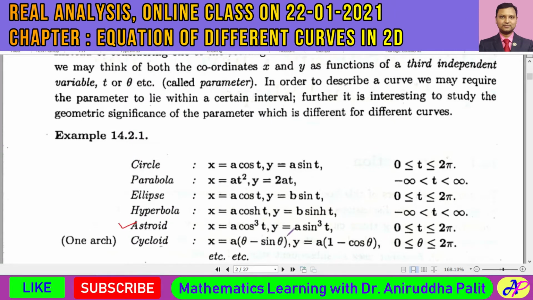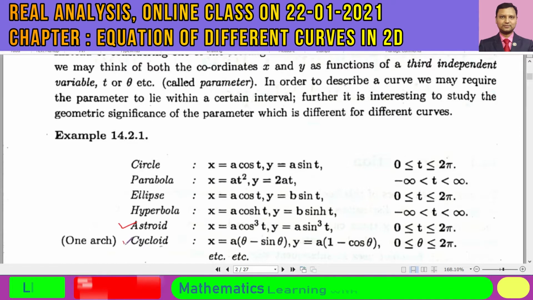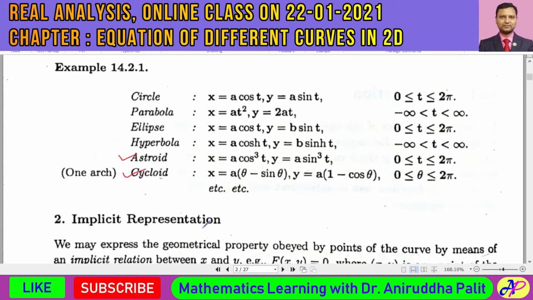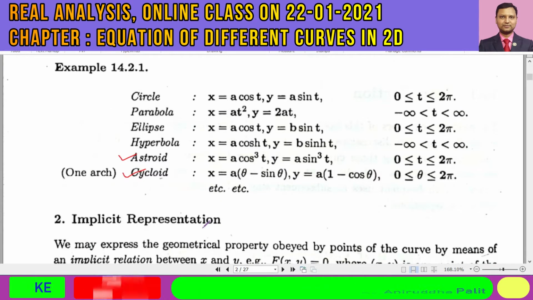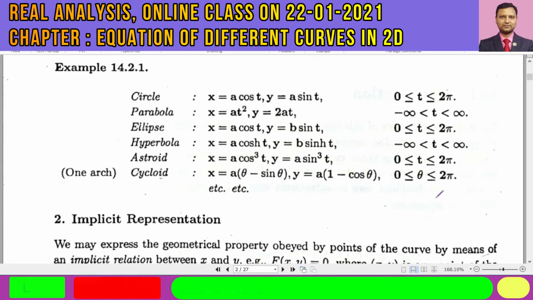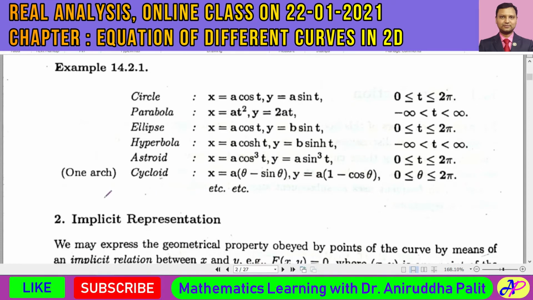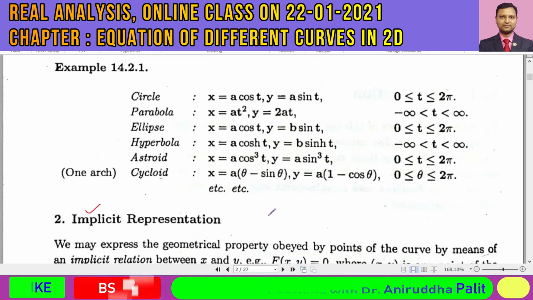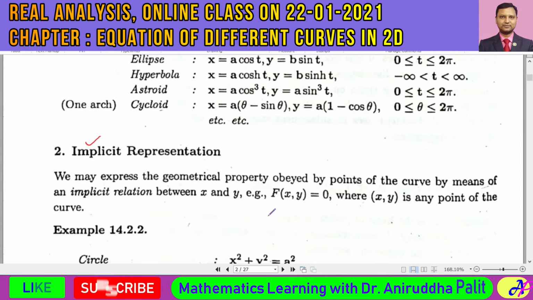These are called asteroid. Then we shall study cycloid and several other curves. And if we want to consider the Cartesian representation of this kind of curves, mainly we have two different kinds of separate Cartesian representation. One such representation is called implicit form, implicit representation.